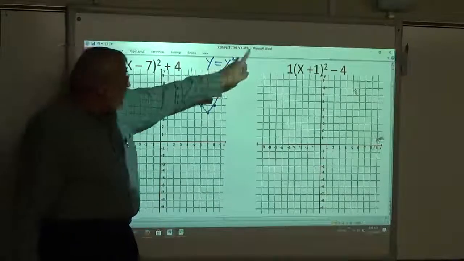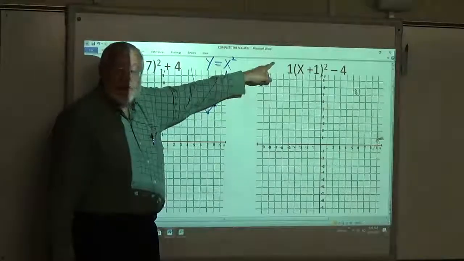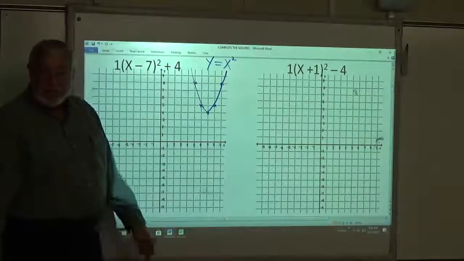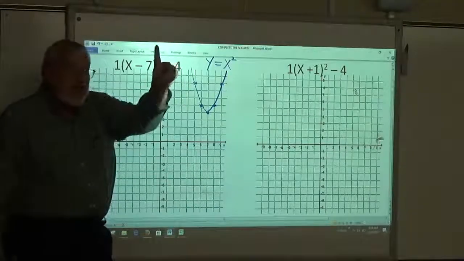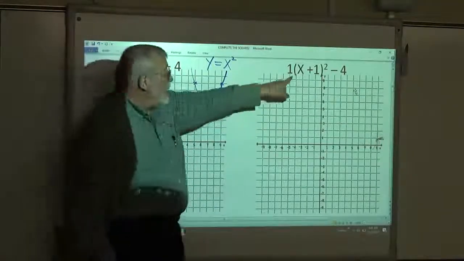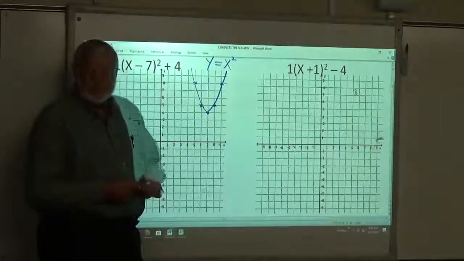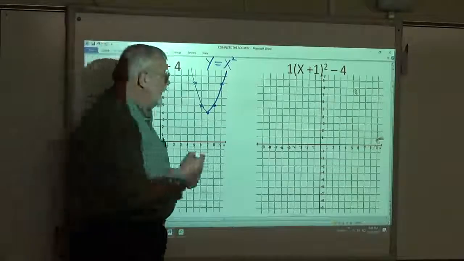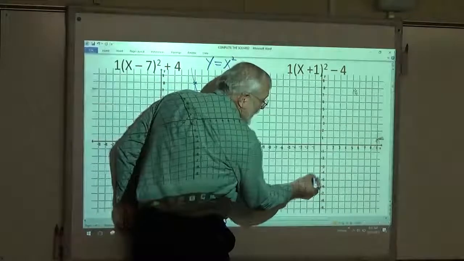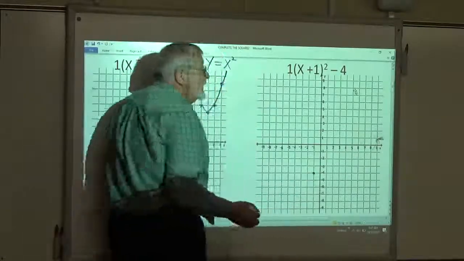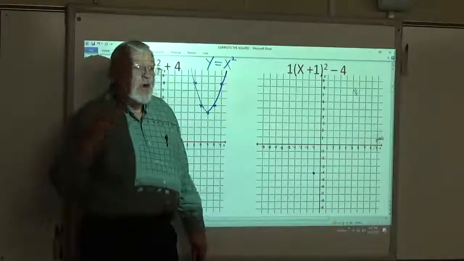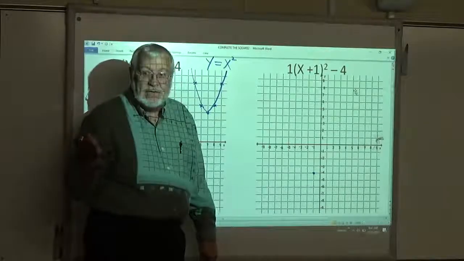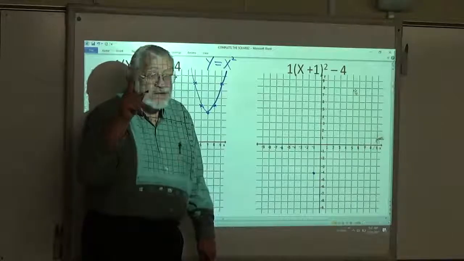Gotcha. Okay, so let's look at this one. Is this a parent graph? Yes, because the A is 1. So where's the vertex? It is negative 1, negative 4. Doesn't change. Now, over 1, up 1, because 1 squared.